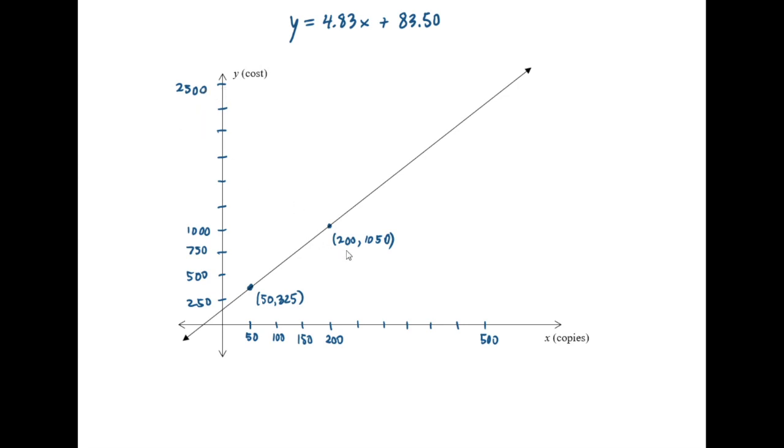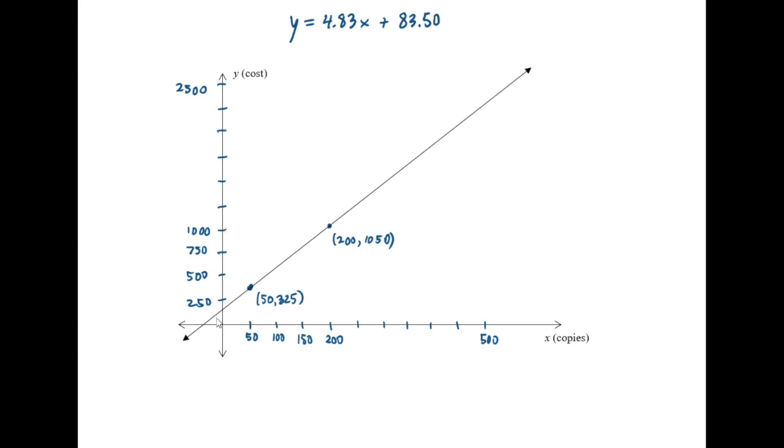Here are the two ordered pairs that were given in the problem. 50 copies for $325, so we have x equal 50, y equal to 325, and 200 copies for $1,050, x equal 200, y equal 1,050.